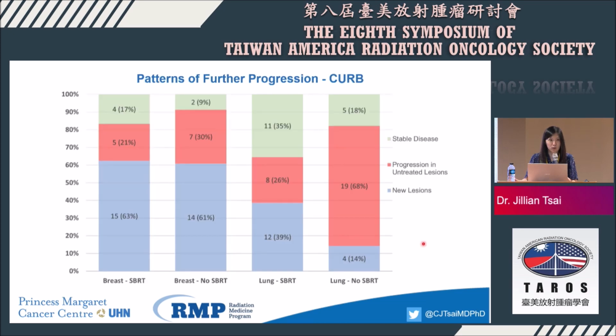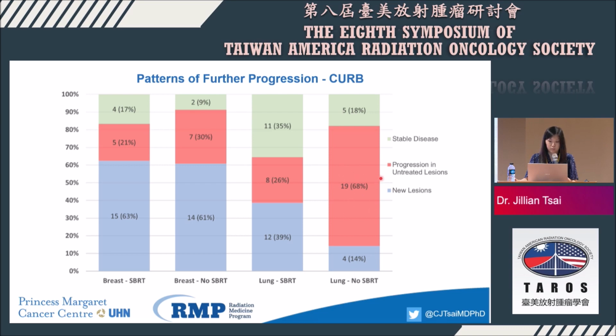When we look at the progression patterns of the breast and lung cohort by their SBRT arm, these are the relative percentages, so not absolute. You can see that for most breast cancer patients, they grew new disease that was not previously there. Whereas in the lung cancer patients, they progressed if they were not randomized to SBRT. So the red disease progressed.